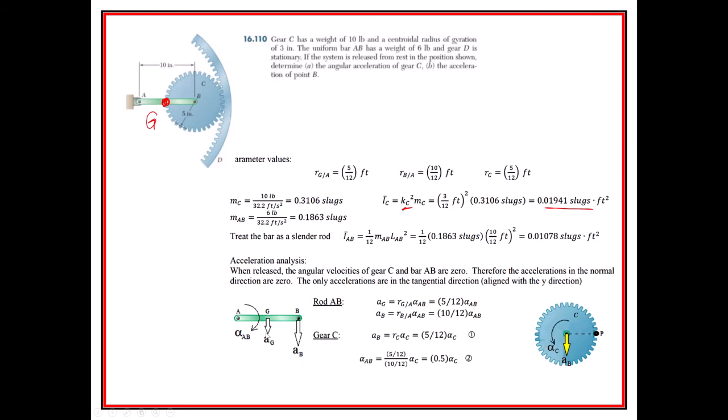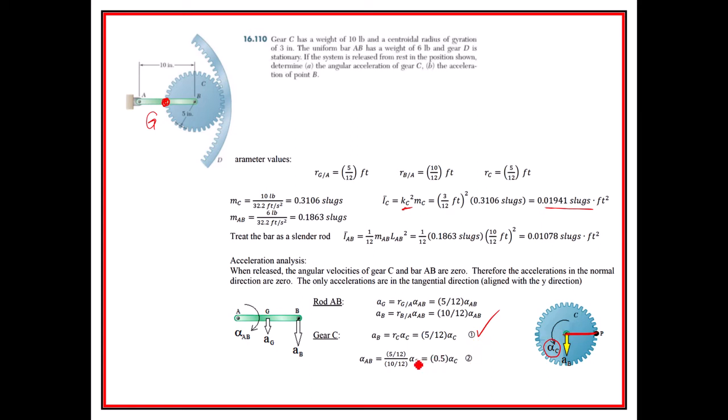For the gear C, we can establish that the acceleration at B is going to be the radius of C, this distance right here, times its angular acceleration, alpha C, and that's what we're going to use as equation 1.